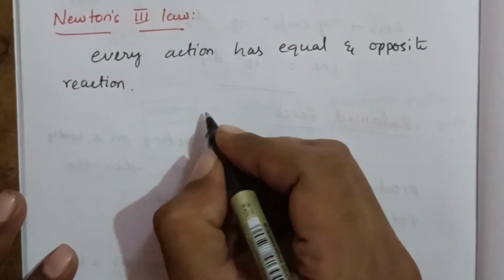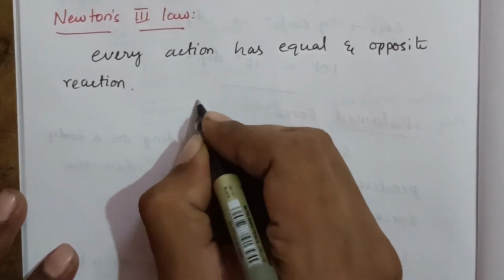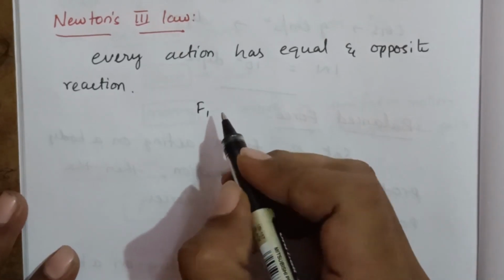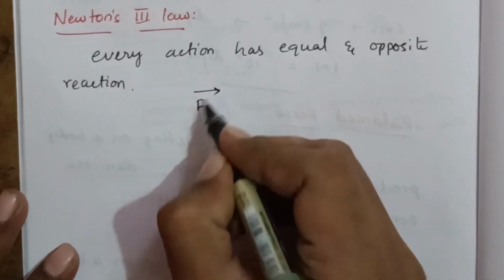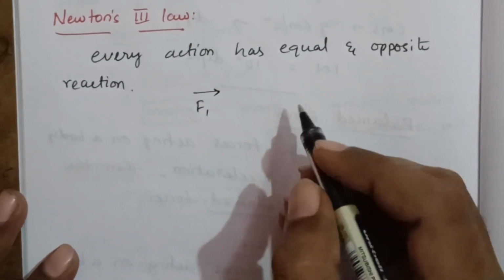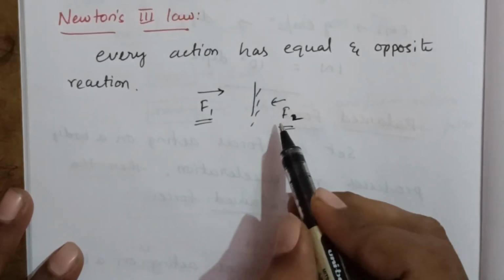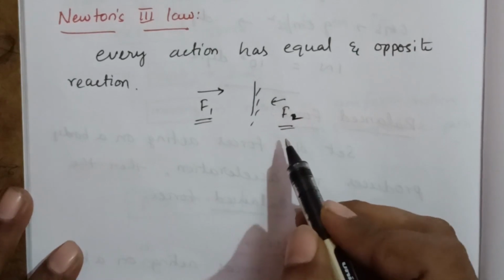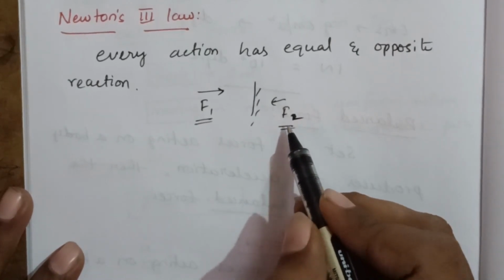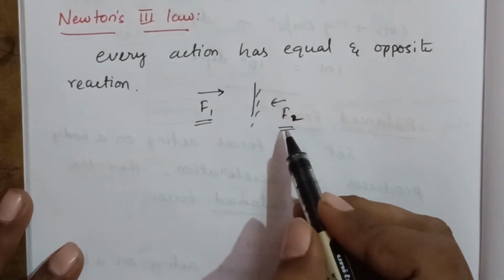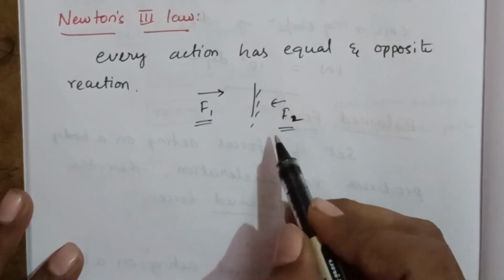For example, if we hit the wall with a force F1, the wall also hits with a force F2 in the opposite direction. Wall applies a force in the opposite direction.